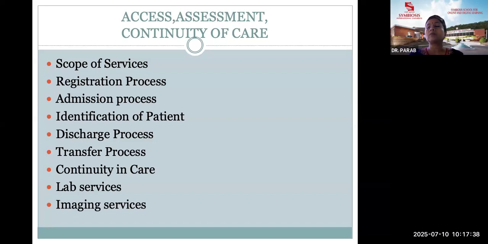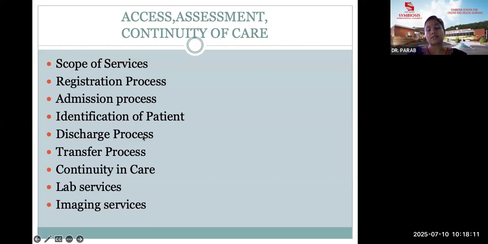One of them would be the routine discharge, which every patient goes out at the end of the duration of admission. Sometimes there could be a discharge which is against medical advice. So for whatever reasons, maybe the patient wants to move to another hospital, or doesn't like the treatment in this hospital and he just wants to take a discharge or something like that. So that could be a discharge against medical advice. Sometimes it could be a death, which is the end of the admission process. So all that needs to be defined over here.